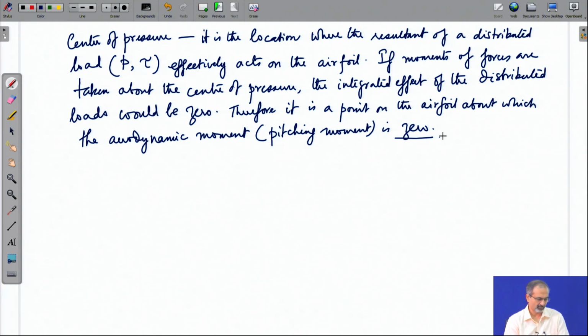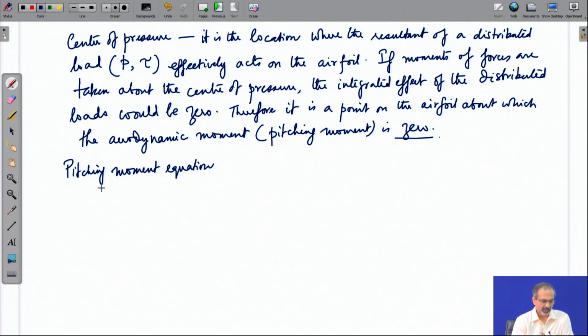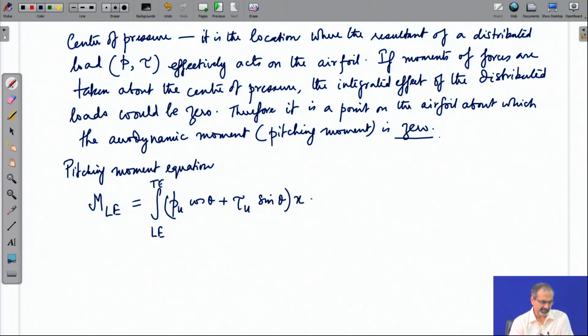Now, we may recall the pitching moment equation. If we were to write down the pitching moment equation, that will show precisely how pressure and shear stress were integrated over the surface. So, we are recalling this equation where upper and lower surface pressure as well as shear stress participated in creating the moment about the leading edge.